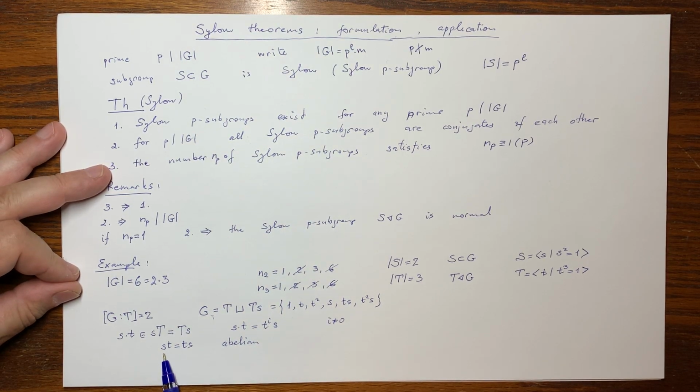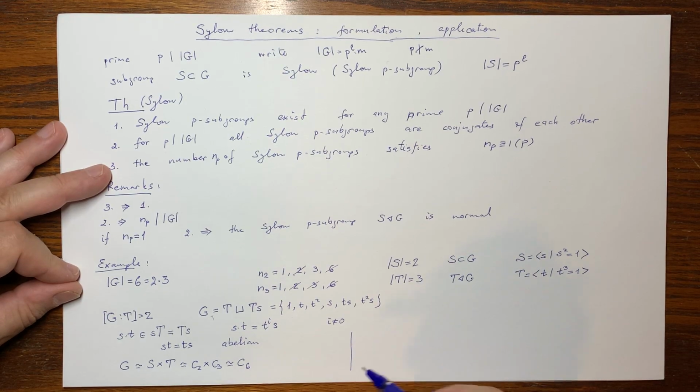Because powers of S commute among themselves, powers of T commute among themselves, S and T commute, and hence all their powers will commute, and we will have all elements in our group commuting, and the group in this case becomes the product of S and T. And since they are each cyclic groups, we can write it also as a cyclic group of order 6. So that is the first case.